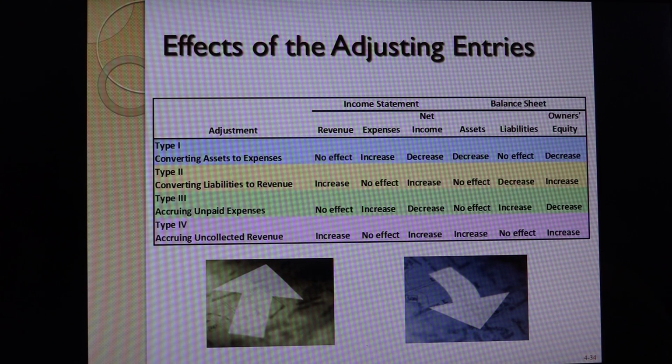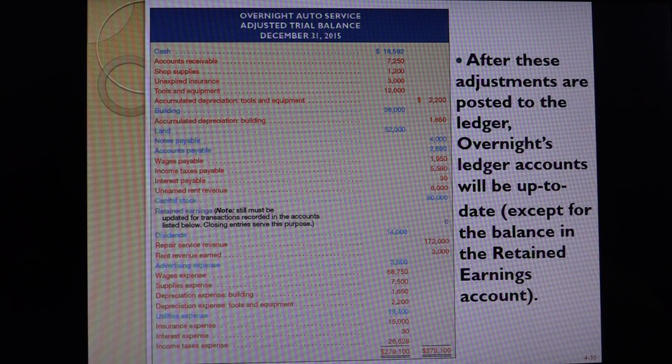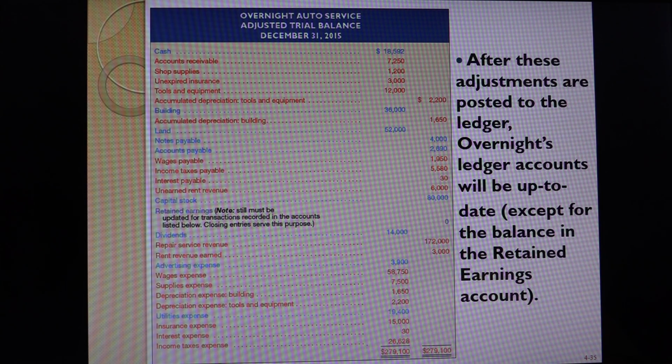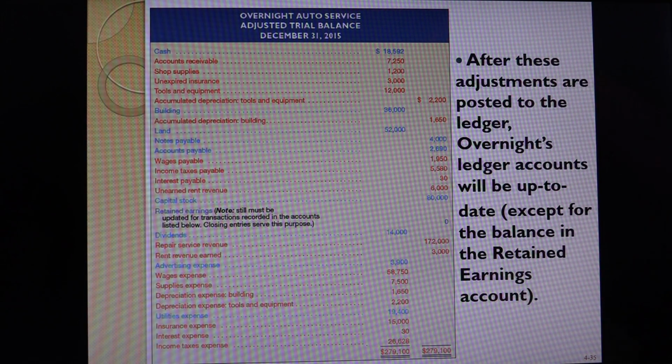Take a look at this. I'm not going to get into this, but look at the effects of adjusting entries. Might give you some more understanding of how this works. Here again is the adjusted trial balance after all the adjustments are made to the ledger.